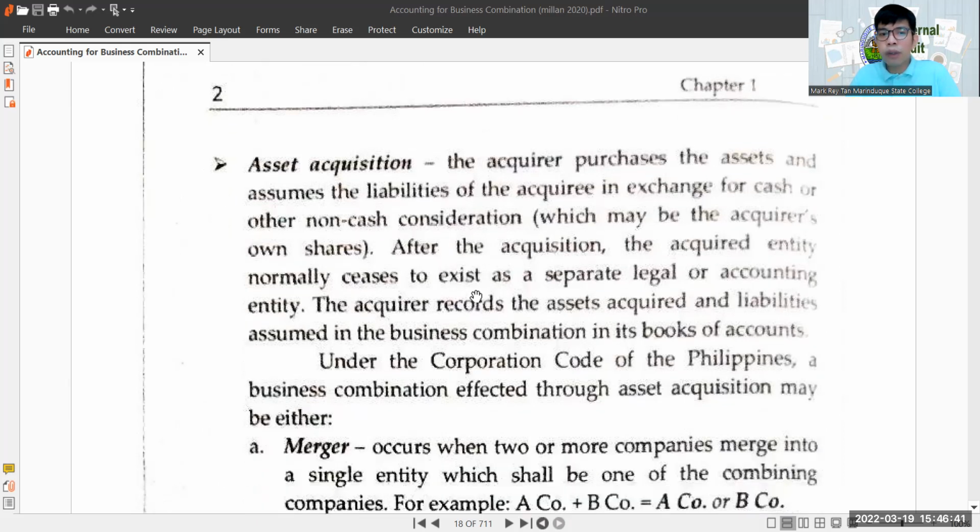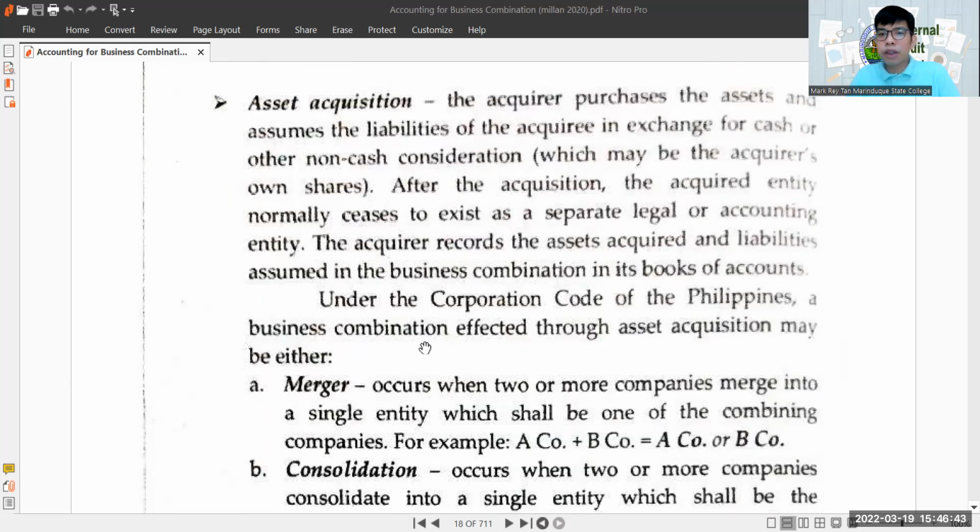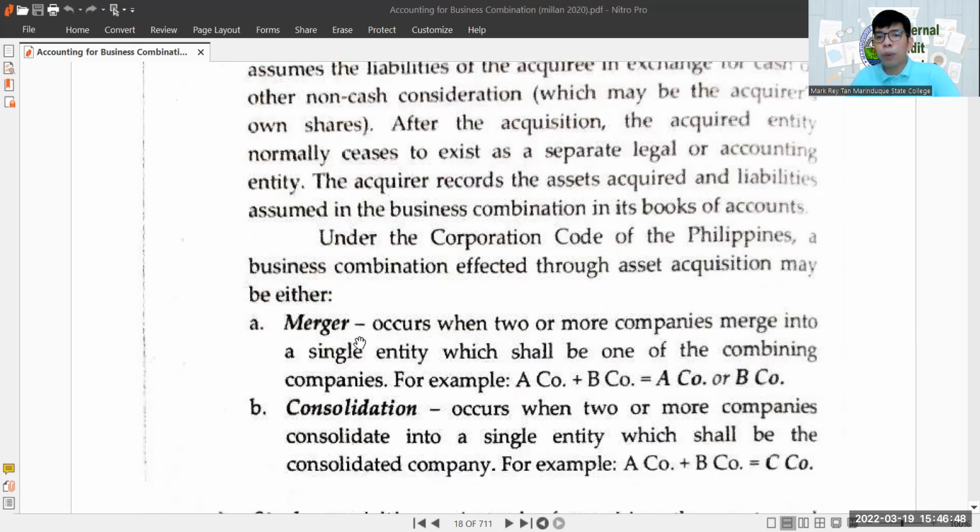Okay, sa asset acquisition, meron tayong dalawang klase ng business combination. It could be merger or consolidation. So pag sinabi nating merger class, dito sa example natin, it shows like this, A company plus B company is equal to either A company or B company. Ibig sabihin, one of them is the acquirer and then one of them is the acquiree.